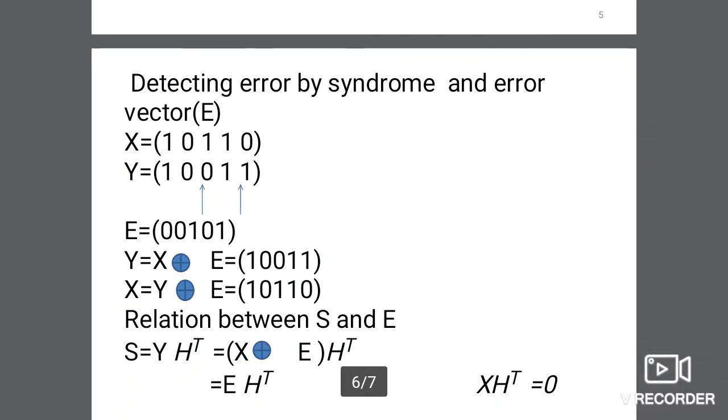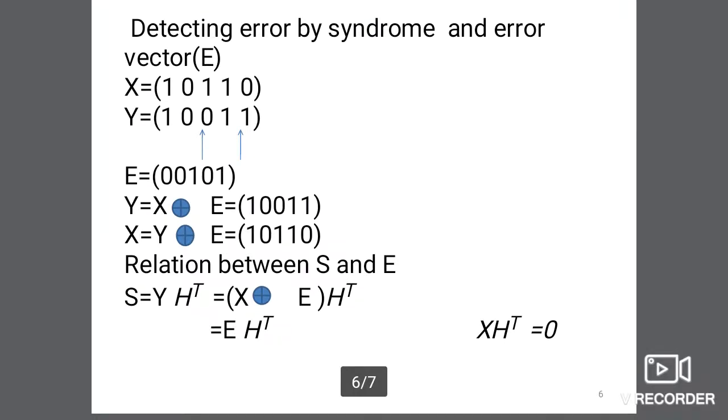Here we use a very simple example. Here x is 10110 and y is 10011. This arrow indicates the error between x and y bits. Here e represents the error vector. It is equal to 00101.